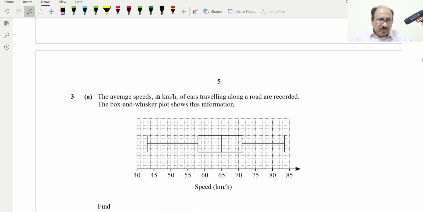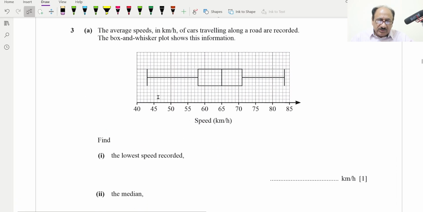Now question number 3 is a box and whisker plot, and the average speed in kilometers per hour of cars traveling along a road is recorded. The box and whisker plot shows the information, and this is speed in kilometers per hour.